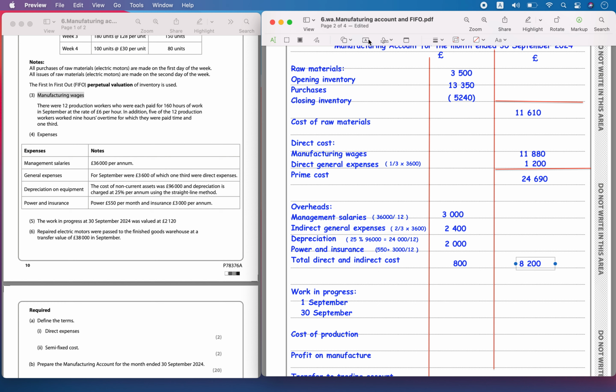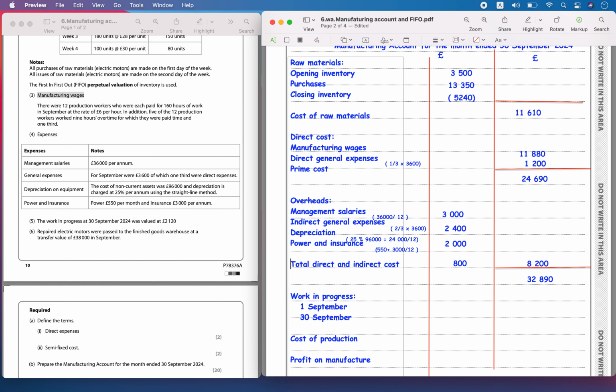If we add up the direct and indirect costs, the prime cost 24,690 plus 8,200, this value is going to be equal to 32,890. That will be the total direct and indirect costs.